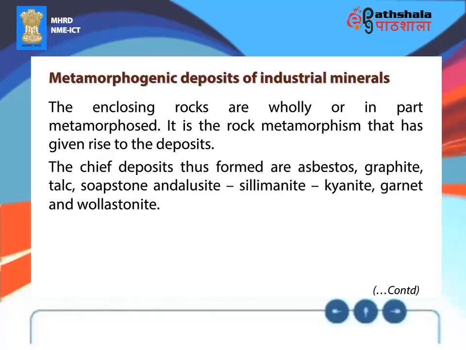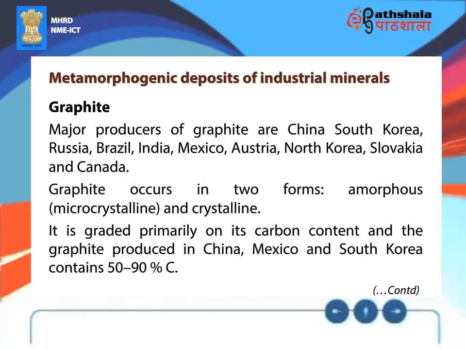The chief deposits thus formed are asbestos, graphite, talc, soapstone, andalusite, sillimanite, kyanite, garnet, and wollastonite. Graphite. Major producers of graphite are China, South Korea, Russia, Brazil, India, Mexico, Austria, North Korea, Slovakia, and Canada.